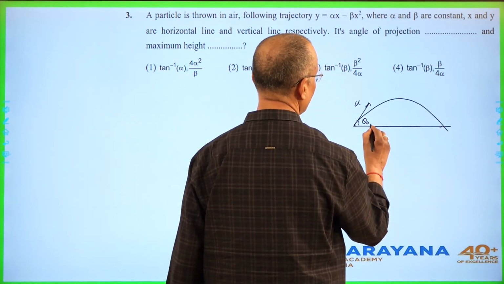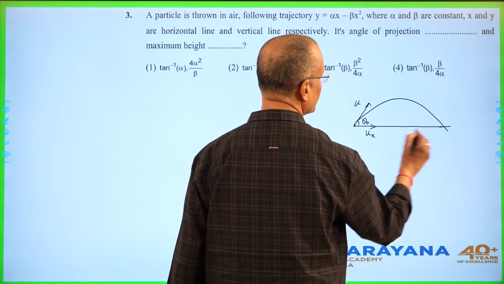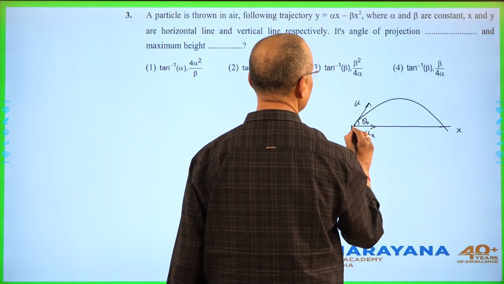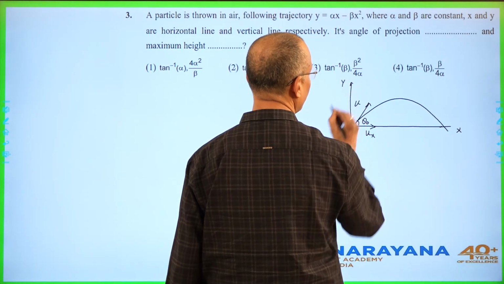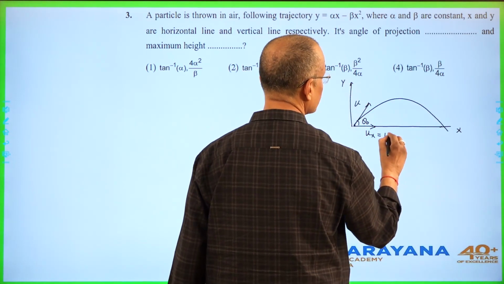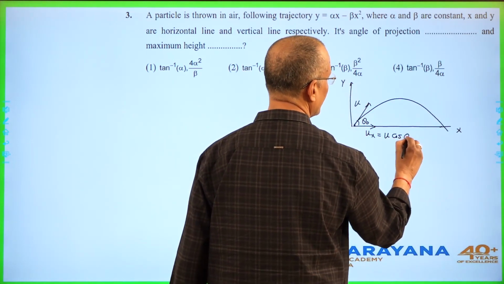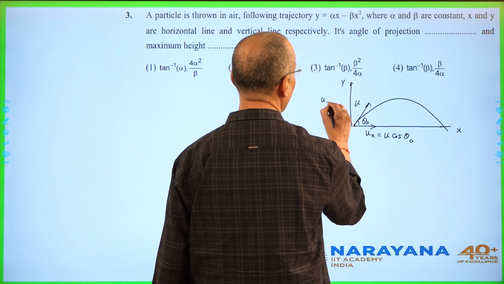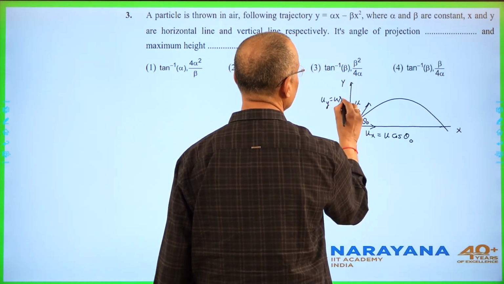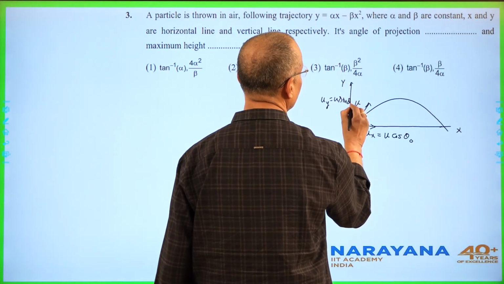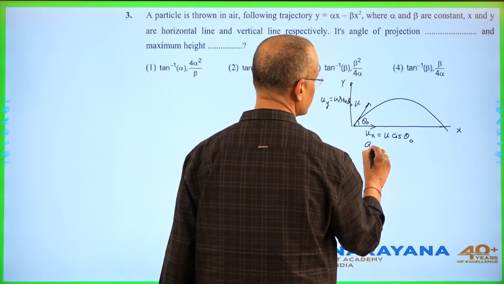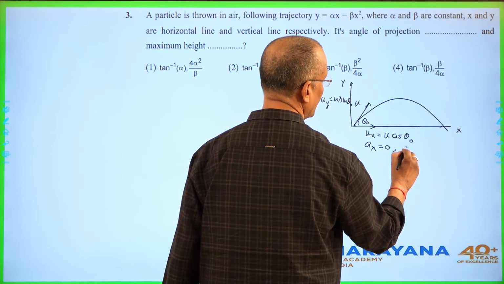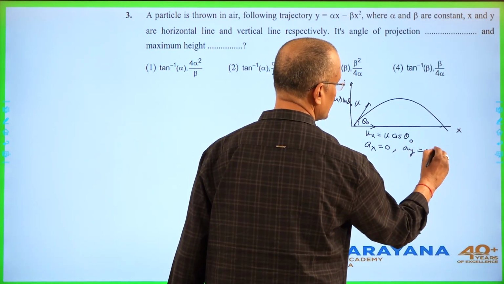You already know, here it is ux, this is x coordinate, this is y coordinate, ux will be u cos theta naught and uy will be u sin theta naught. Right, now ax is 0, ay is minus g.